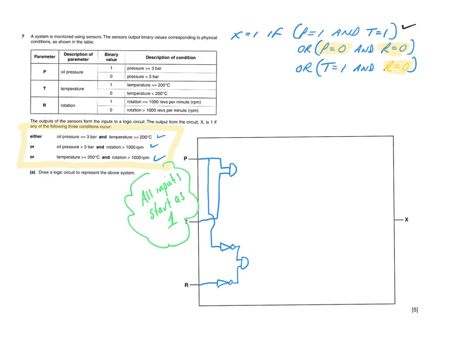So that is the part of line 2 that's in brackets. We then have to link the first expression with the second expression using an OR gate. So we take both outputs from the AND gates and we feed it into an OR gate. And then I can tick off that line because we've completed that line.